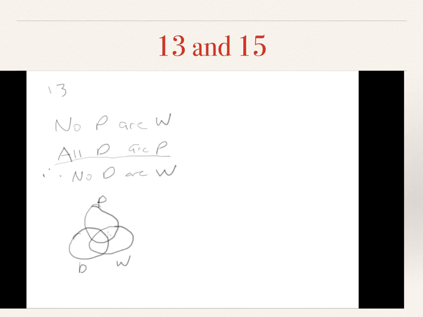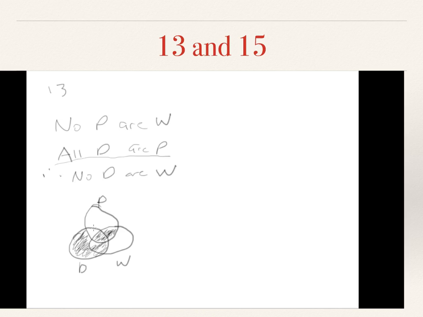Where P and W overlap, there's nothing there. So we can shade it in, shade it where there's nothing. No P are W, okay. All D are P. So wherever there is a D, there's a P. So where there isn't a D, there isn't anything, right? So we basically shade in all this area.